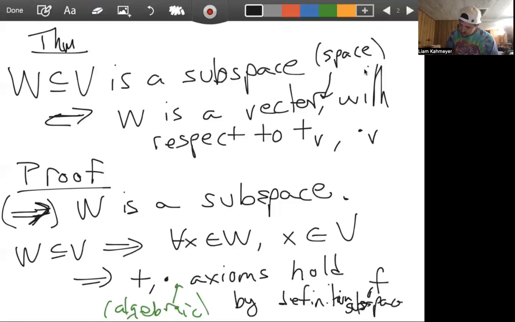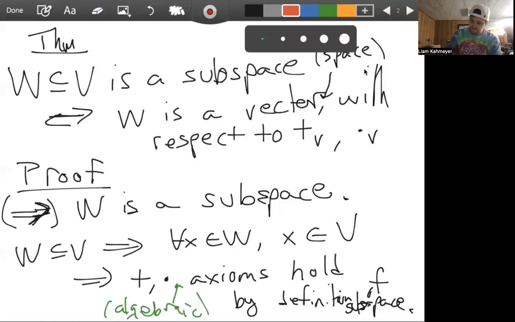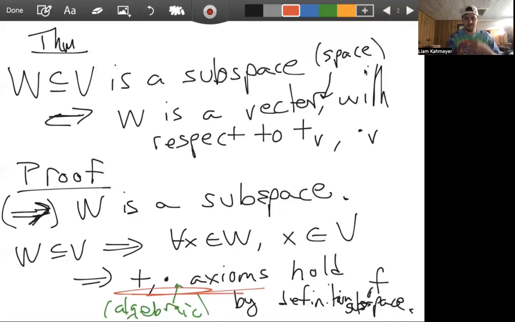Because if V is a vector space, then we know these axioms hold for every pair of points x and y in V. Well, then certainly they hold in some subset of those points.